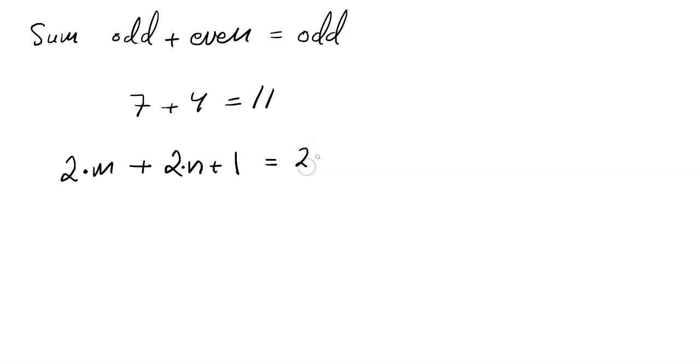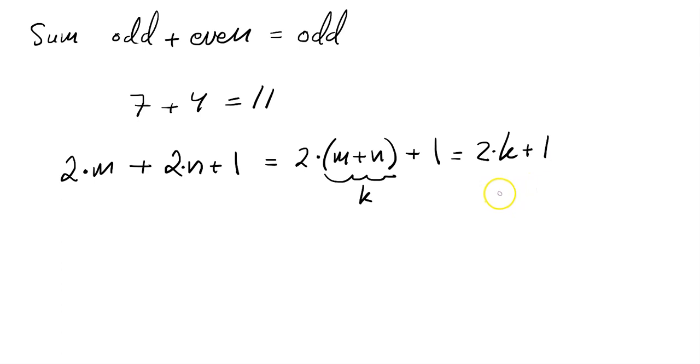If you factorize out the 2, we can write this as this. Here we have a sum of 2 integers, so this is another integer. So we can write this like this, where k is some integer.